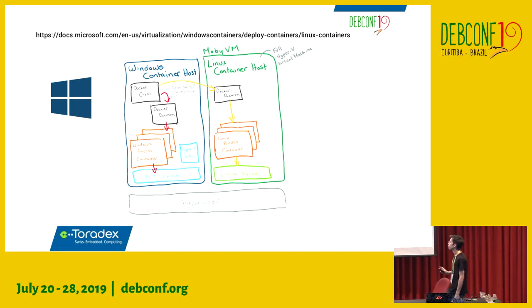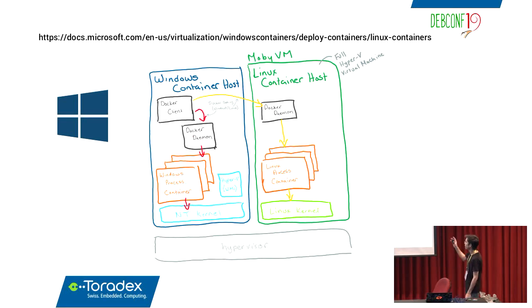And here, only for curiosity, is the way Microsoft runs Linux containers. Windows doesn't have the Linux kernel yet. They are launching a new version with something to solve this. But what we have, they have to virtualize a Linux kernel, and all the containers run inside this virtualized Linux kernel.